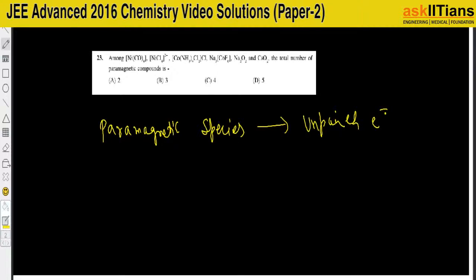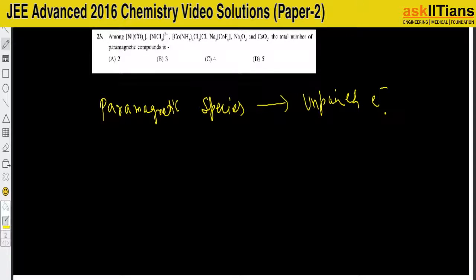How many unpaired electrons do they all have? If they have unpaired electrons, then I will say yes, it is paramagnetic. If they don't have, then it is diamagnetic. So one by one I'll be writing the compounds and their electronic configuration.